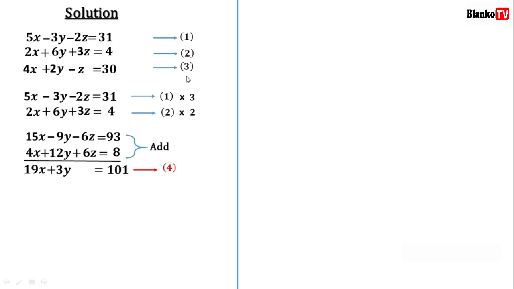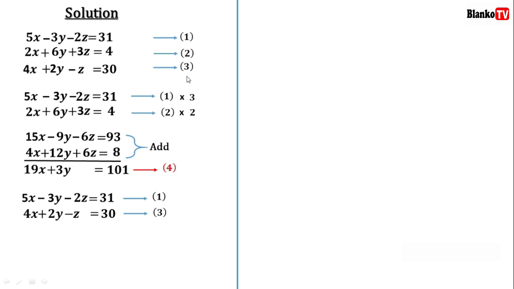So we take another pair of equations, that is equation 1 and equation 3. And equation 1 is 5x minus 3y minus 2z, which is equal to 31. And equation 3 is also 4x plus 2y minus z is equal to 30. I hope you are following it.